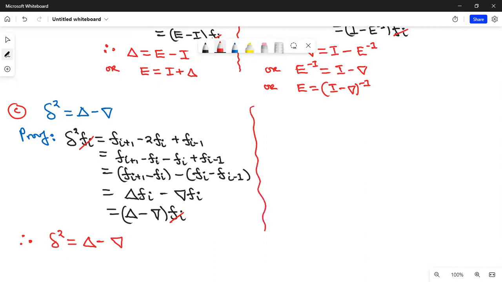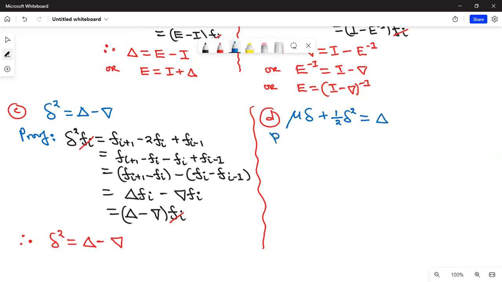And now lastly, we need to prove part D. The last part is part D, where we have mu times delta. We need to show that mu times delta plus half delta squared is equal to the forward difference.